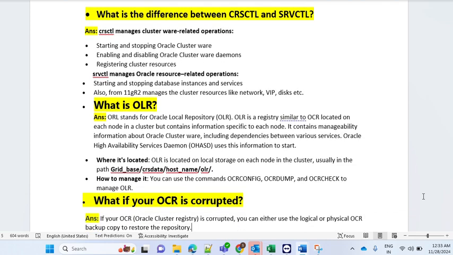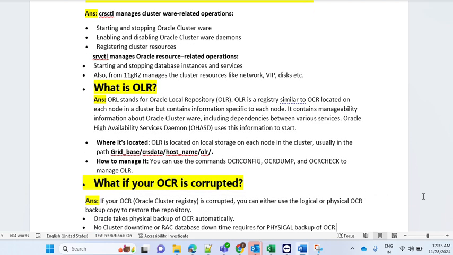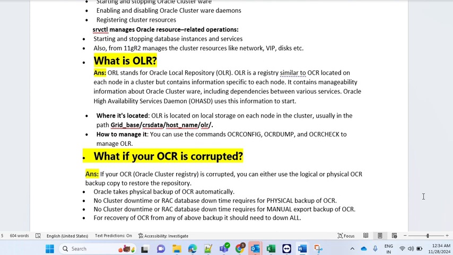What if your OCR is corrupted? If your OCR, Oracle Cluster Registry, is corrupted, you can use either the logical or physical OCR backup copy to restore the repository. Oracle takes a physical backup of OCR automatically from 11g R2 onward. RAC has this feature where OCR backup happens automatically.